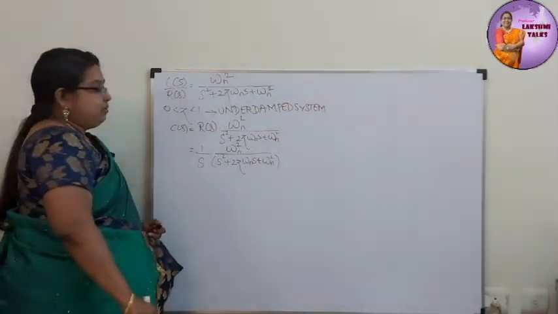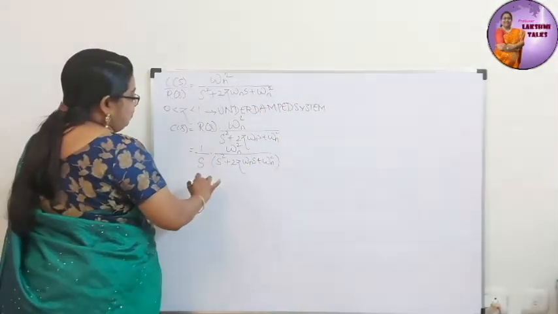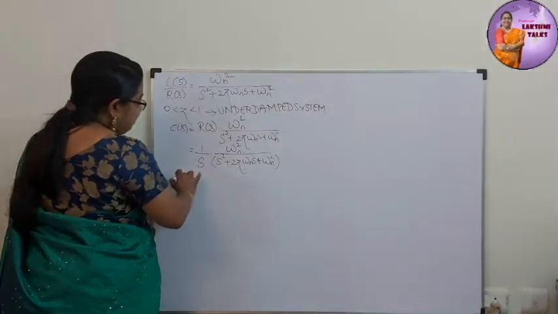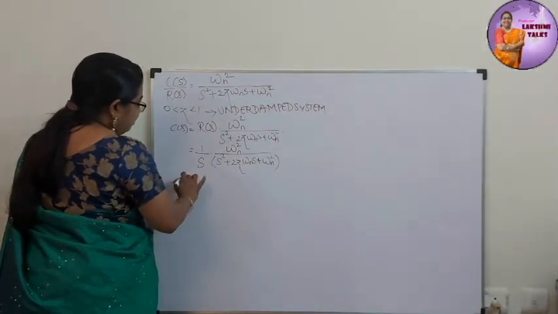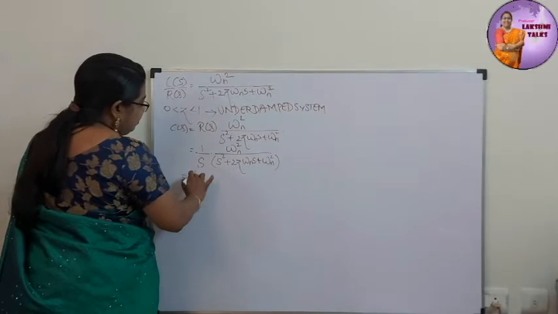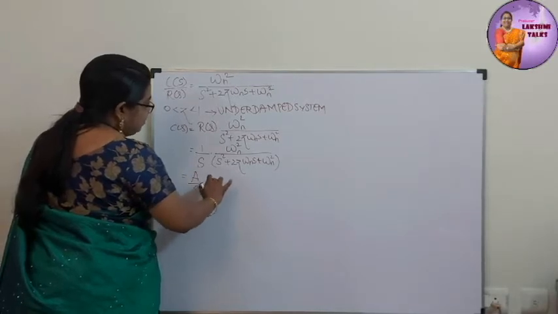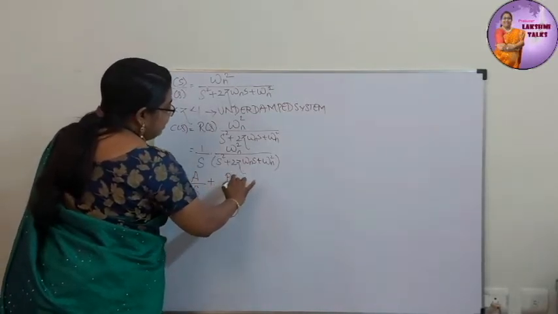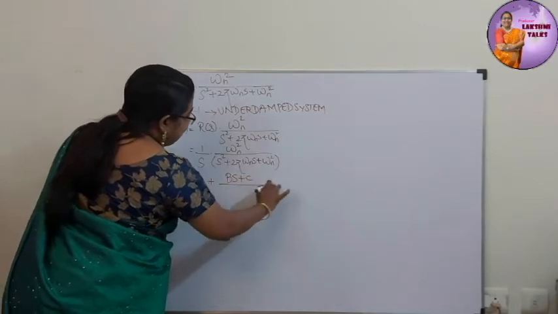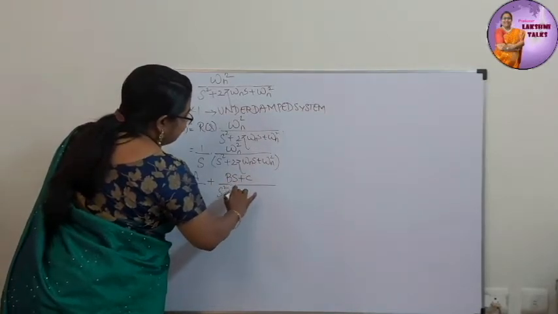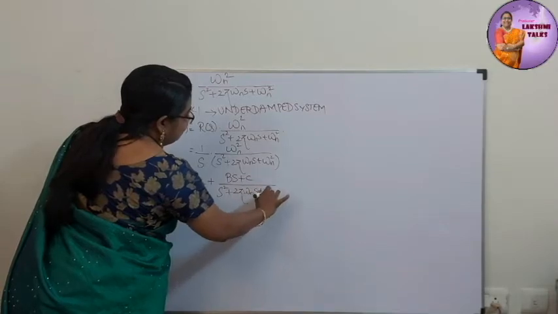Right? So how to split it using the partial fraction method? This is equal to A by S plus Bs plus C divided by S square plus 2 zeta omega n s plus omega n square.